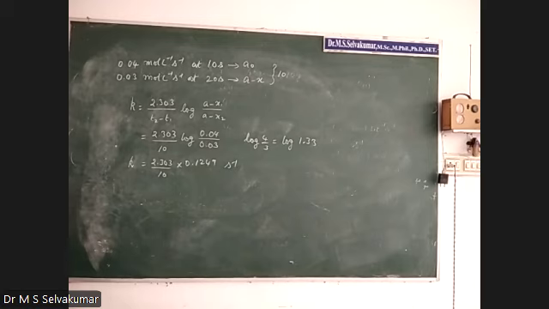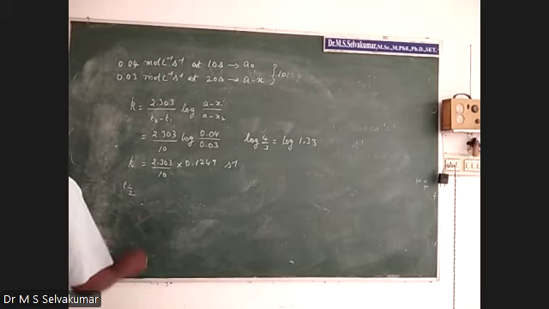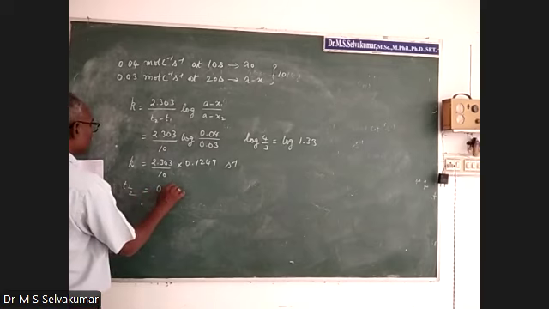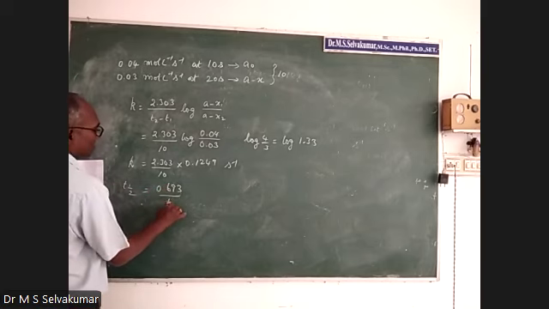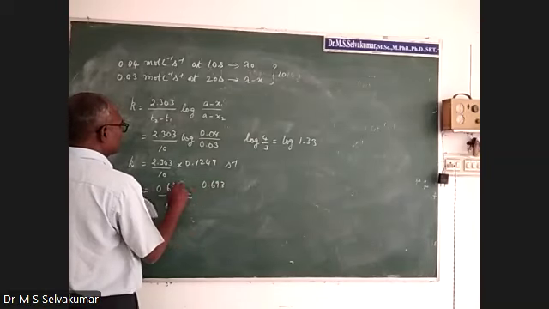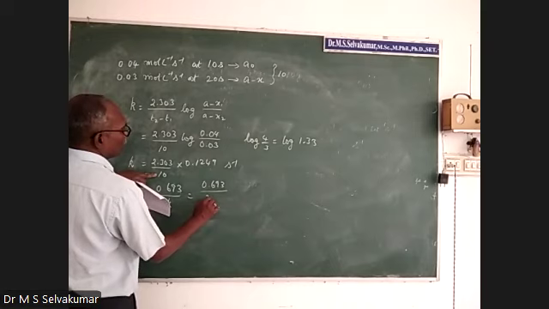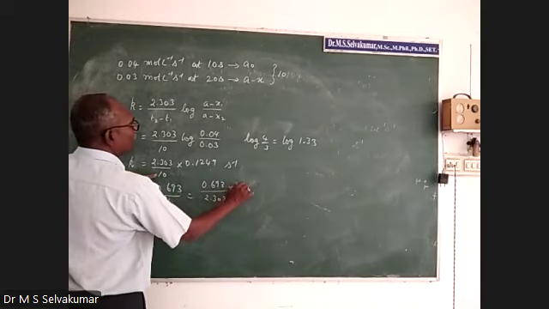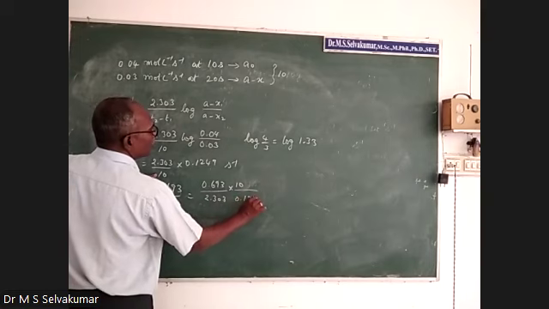Now, what is asked is the t half, the half-life period. Half-life period is the time taken for the reactant to become half of its original value. If 100 molecules are taken, what is the time taken for that to become 50 molecules? So the t half for the first order reaction is 0.693 divided by K. So you can substitute everything: 0.693 divided by 2.303 into 10 divided by 0.1249.